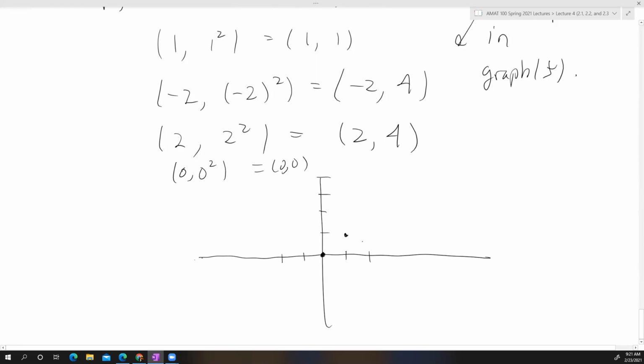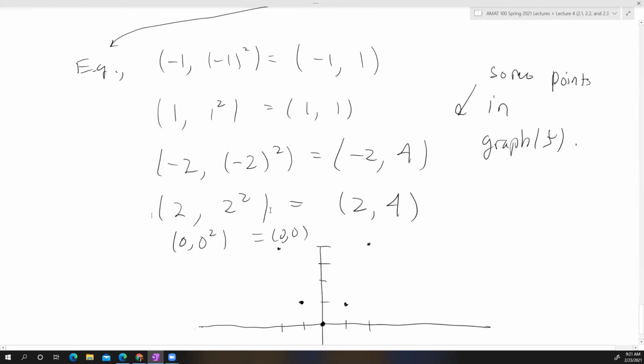When x is 2, f of x is 4. When x is -1, f of x is 1. And then when x is -2, f of x is 4. This is what we determined up here.